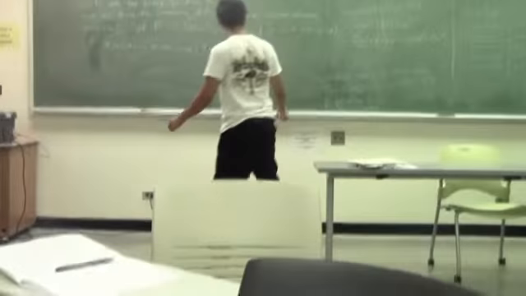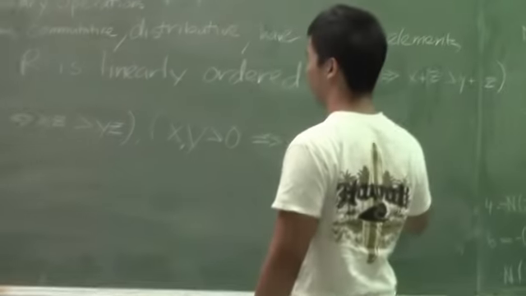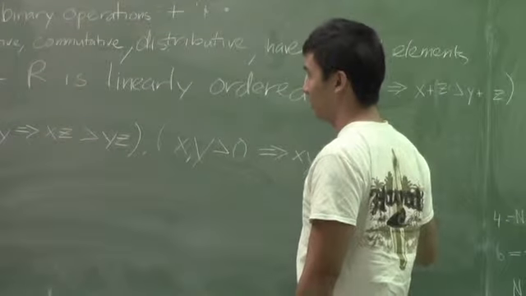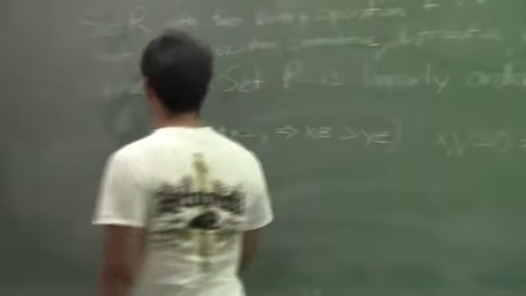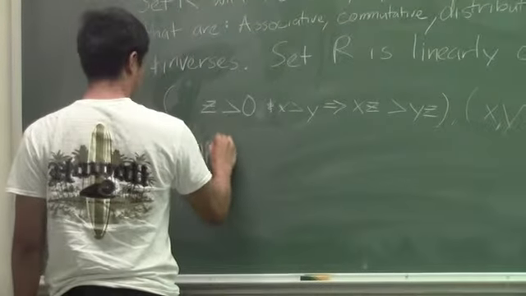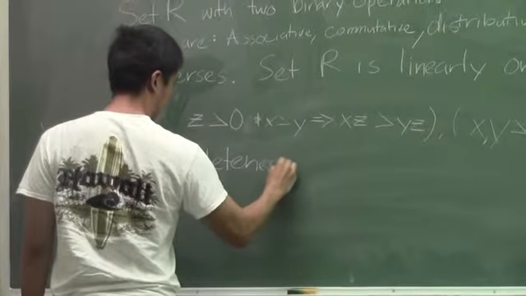Okay, so write it down. The intermediate value. Completeness. Just write the word completeness, and colon and underline.